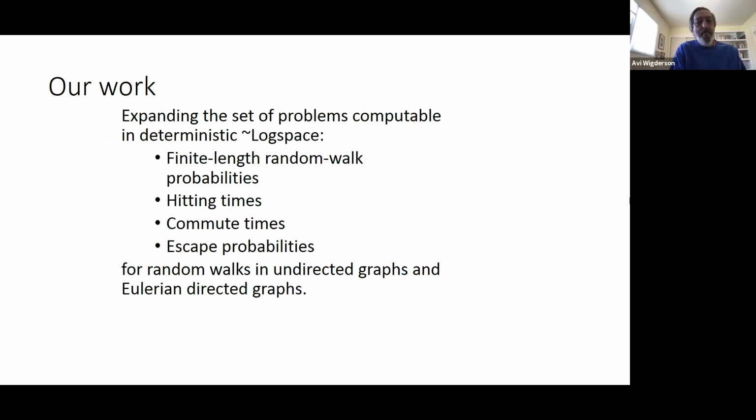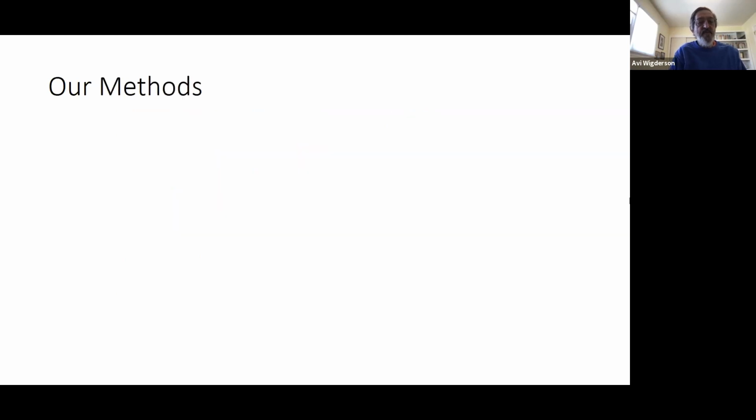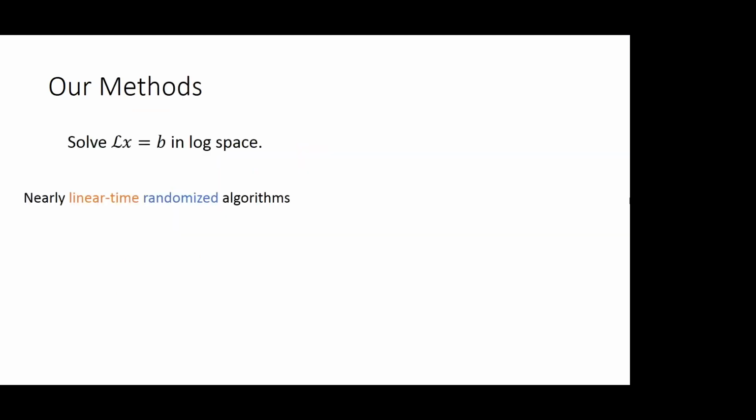Yeah. So I think there's a useful parallel to draw between the line of work in the low space setting and the line of work in the nearly linear time setting. Specifically, if you recall from the first part of the talk, we have nearly linear time randomized algorithms for solving Lx equals b on undirected graphs.